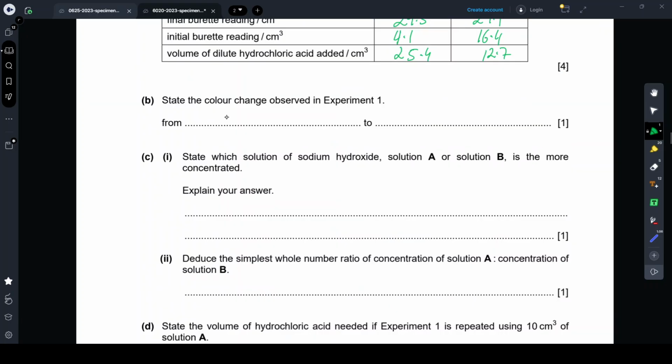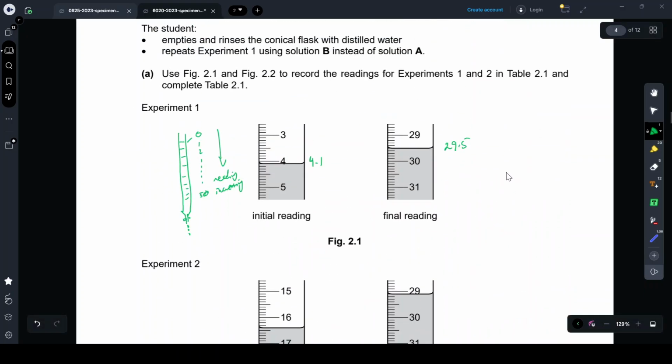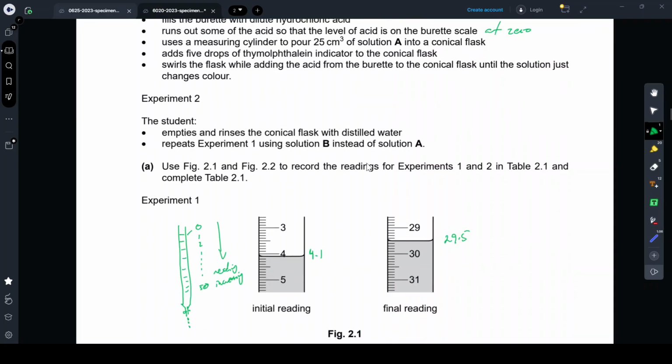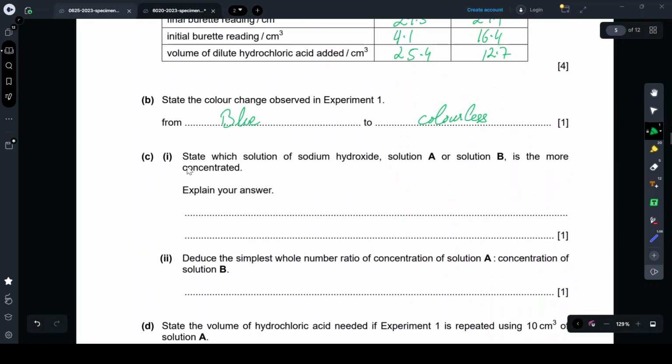No, that's methyl orange. In alkaline, it's blue, to colorless. Again, you need to check which indicator is being used. So this is thymolphthalein. So blue to colorless.